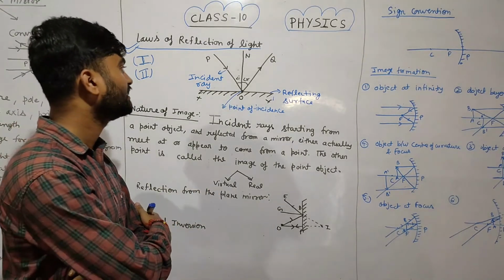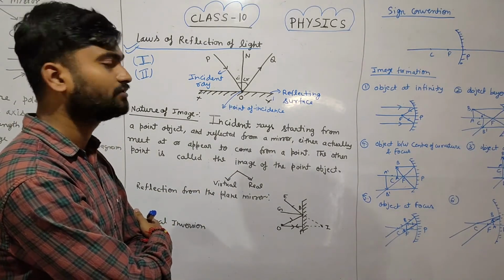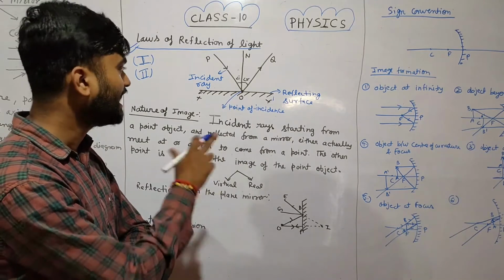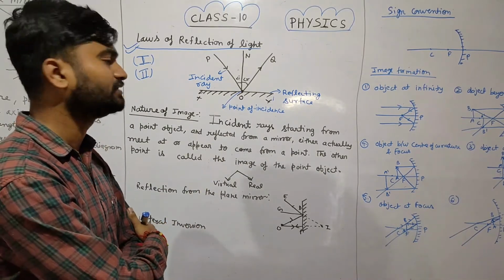Or you can say the ray which strikes the reflecting surface at the point of incidence is known as the incident ray.